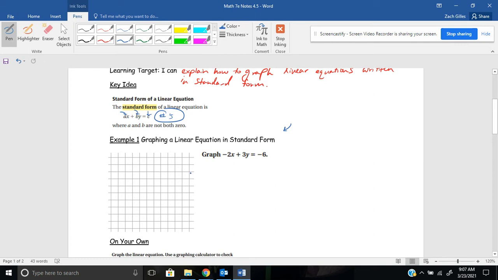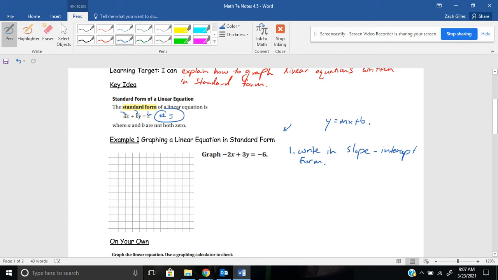Okay, so the way that I'm going to teach you to do it, the first way is to write it in slope-intercept form. And if you remember, slope-intercept form is y equals mx plus b, where m is the slope and b is that y-intercept.